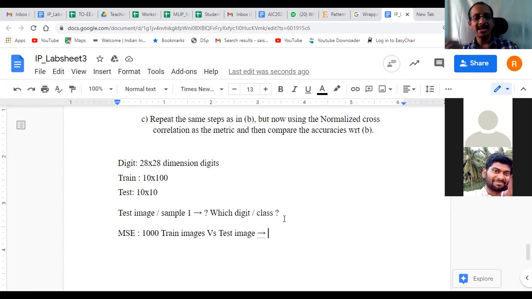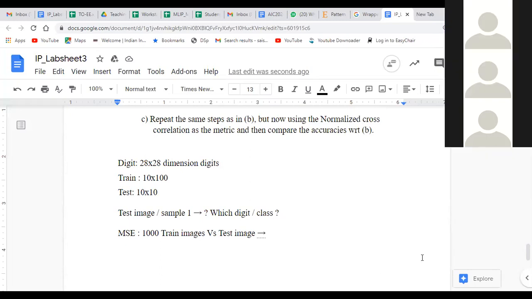Yeah, assume that the 99th sample has the minimum error. Then what will I do? We have to declare that the test belongs to that 99. 99 means what? Is it the 99 digit? No, sir, the 99th sample. Yes. Put proper wording, and I request other students to help him.